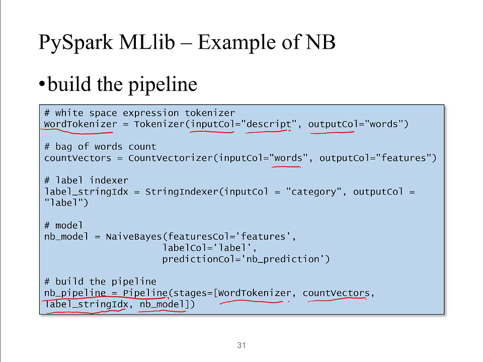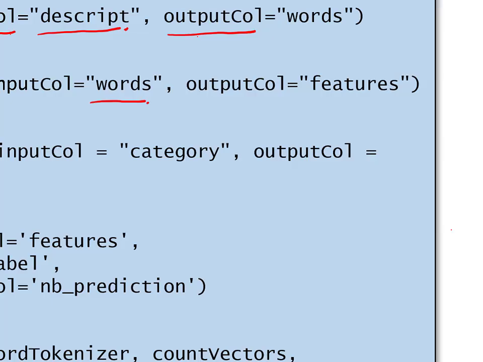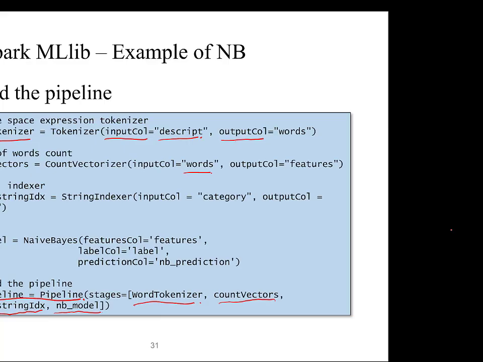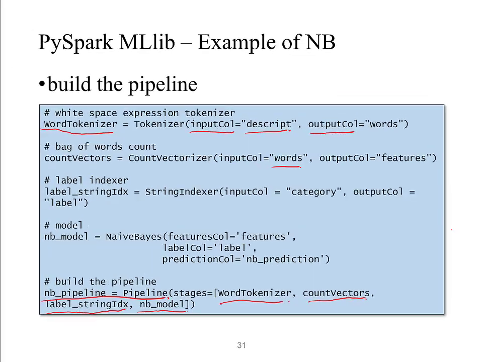But it does not have to be the output column of the previous transformer. It just happens to be the same here, or usually, because it is a pipeline, usually the input column should be the output column of its previous transformer. Then the output column is named features.